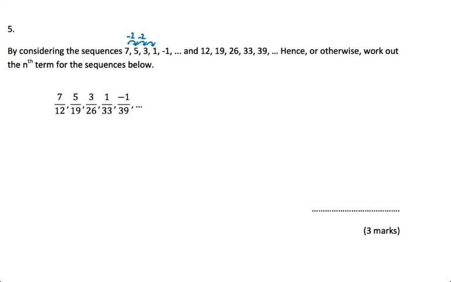This linear sequence goes down by 2 each time, so it's like the negative 2 times table, but the negative 2 times table would be negative 2, negative 4, so it's the negative 2 times table but 9 more. This sequence here is like the 7 times table, but it is 5 more than the 7 times table, and notice the mistake. When I was writing the paper, apparently I couldn't do 33 plus 7.